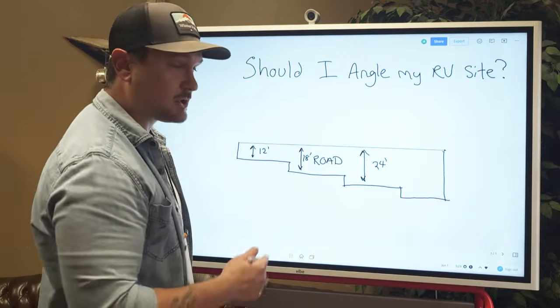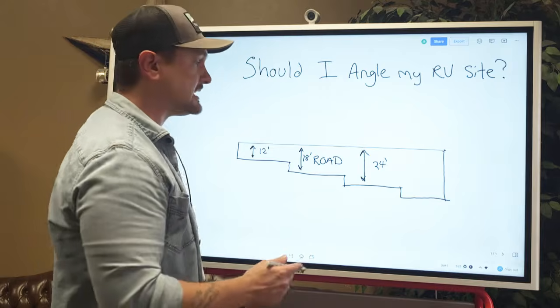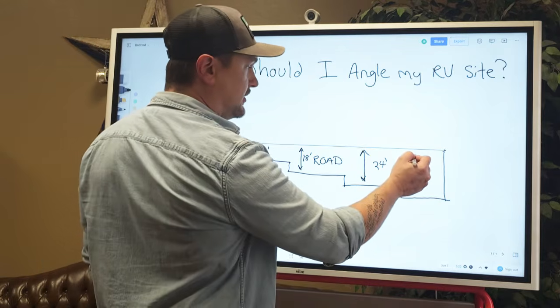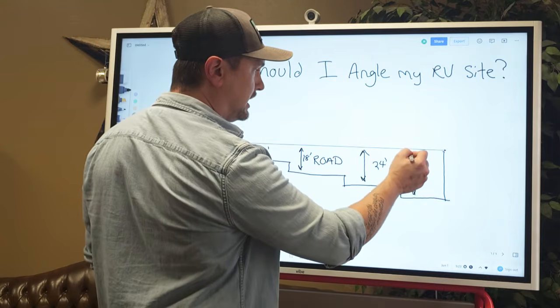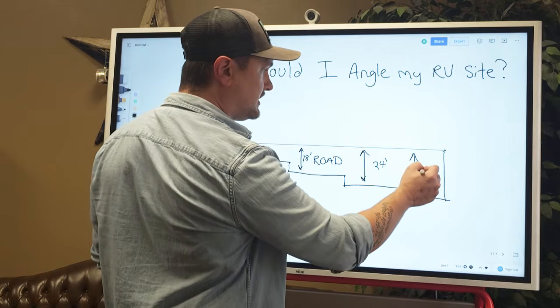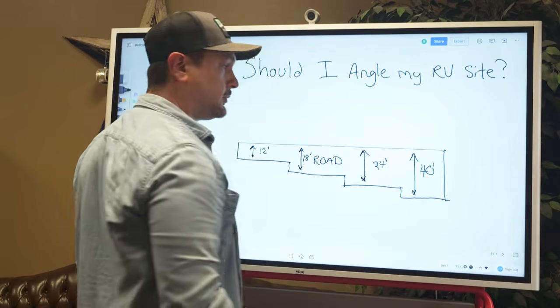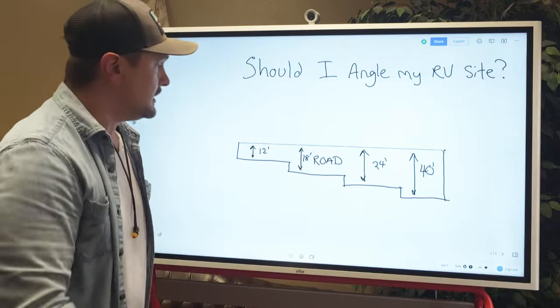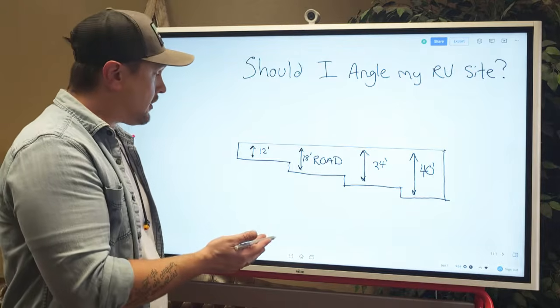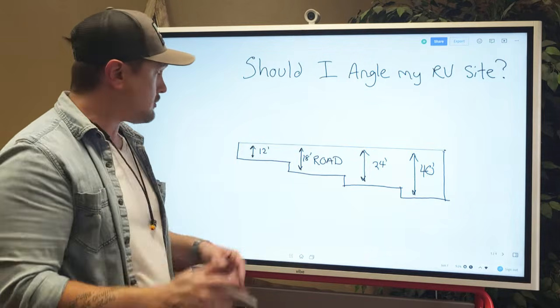That's usually what the cities are going to want you to put in if you are building in the cities. Okay, and I know this is not to scale, but let's do the 40-foot road. Okay, so now we have our different widths of our road.